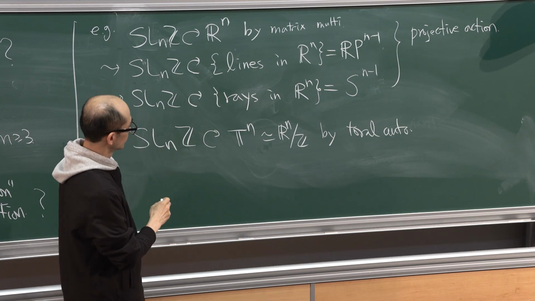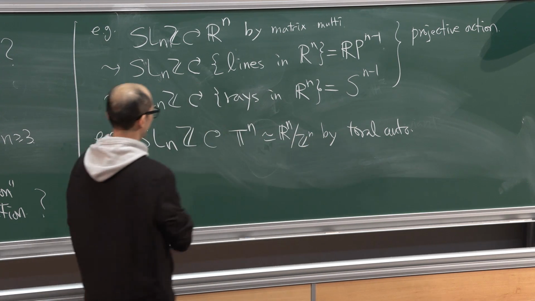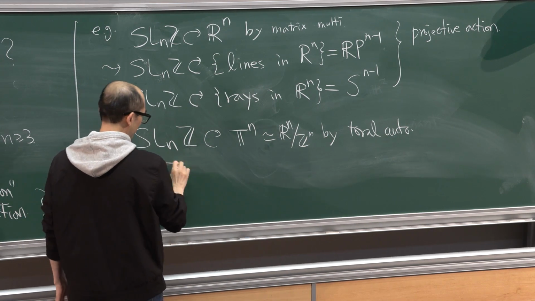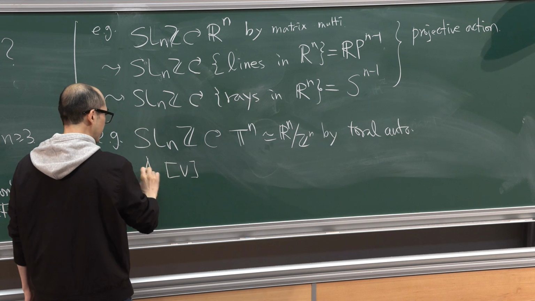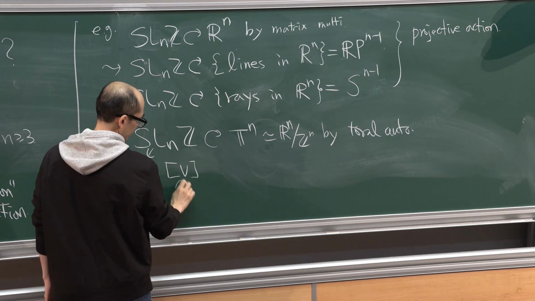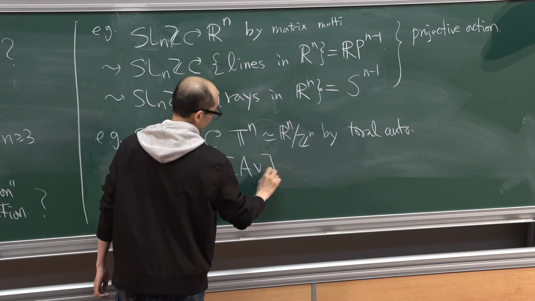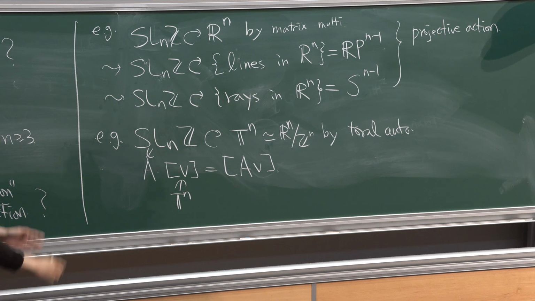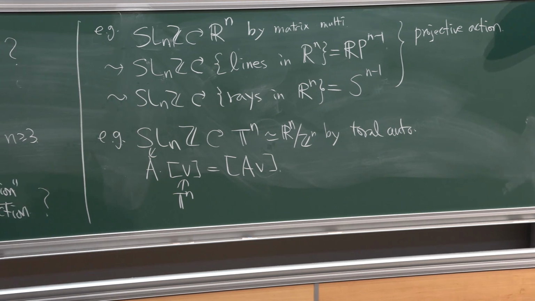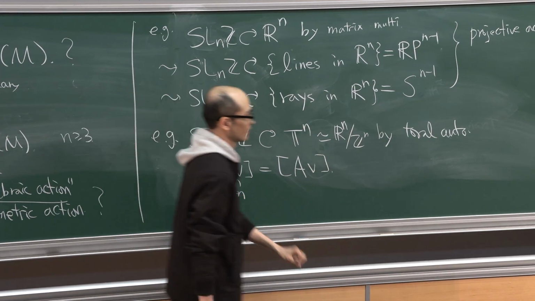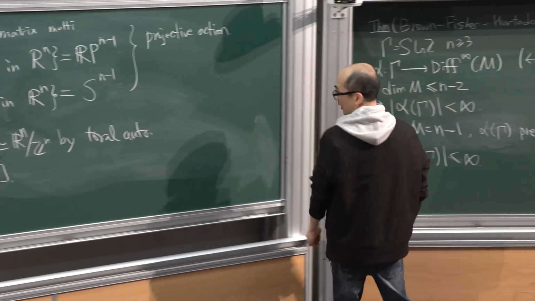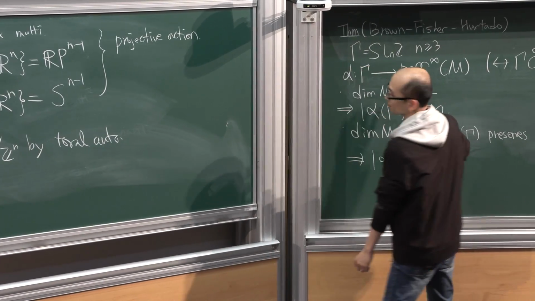So yes, Z^n. Thank you. And then this is given by, if you have a vector and a matrix, just again the matrix multiplication. So I don't know what algebraic action is, but this should be algebraic. So now, yeah, this is the breakthrough.